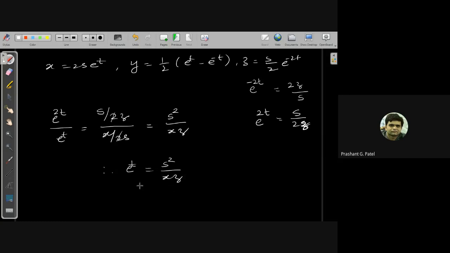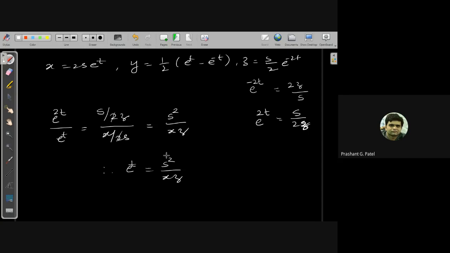This will not lead to anything. So what to do? If I got the value of only e^t, we could substitute it here, but then s is there.